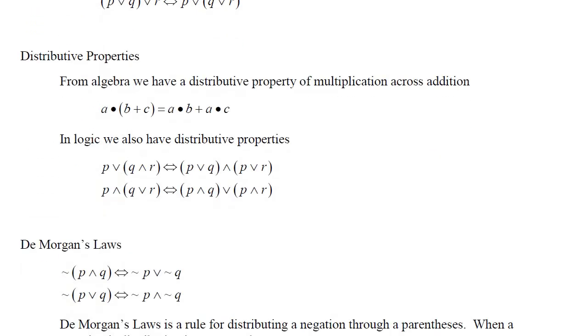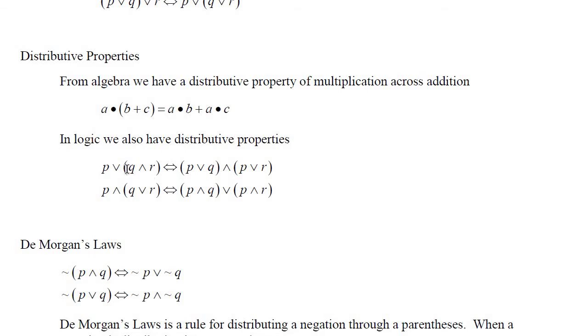Let's take a look at our distributive property. In algebra, we have a distributive property of multiplication across addition. So if I have a times b plus c, if I distribute my a through, I get a times b plus a times c. In logic, we also have distributive properties. In this first one, I'm distributing this OR statement across my AND statement. So I've got p ORed with, in parentheses, q AND r.